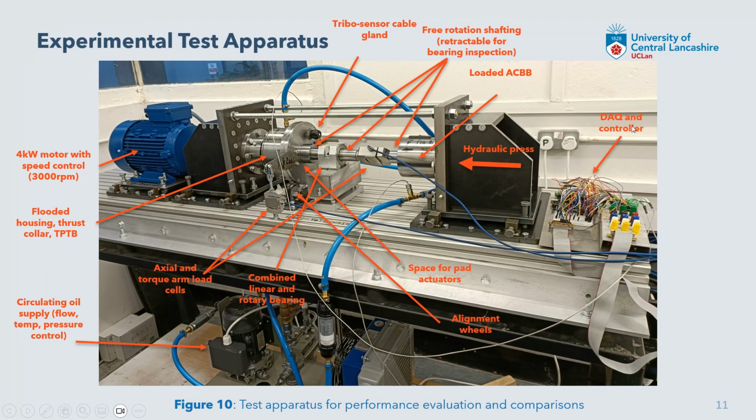There is a DAC and controller, which has all the temperature thermocouples, has the capacitance film thickness transducers, and then there is the circulating oil supply, which can control flow rate into the bearing, can control temperature, and pressure control as well, just for the circulating oil supply system.